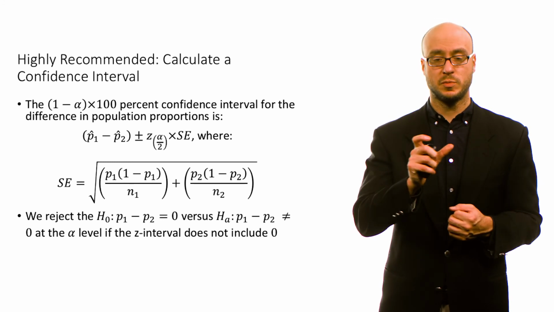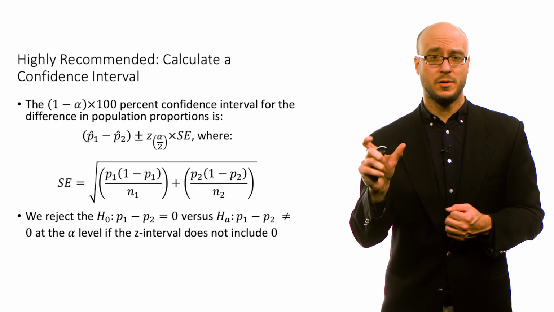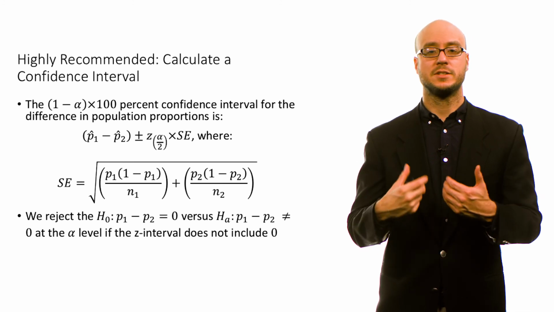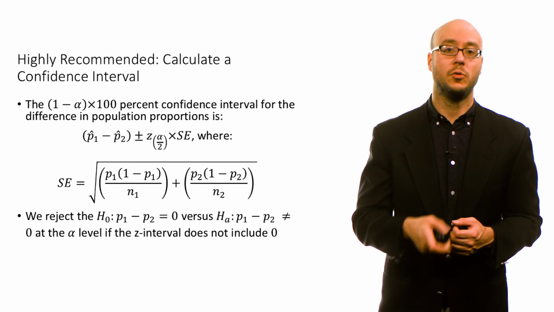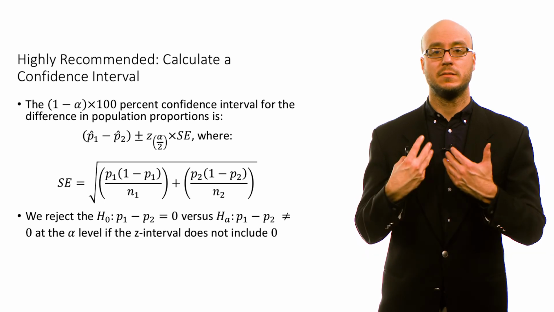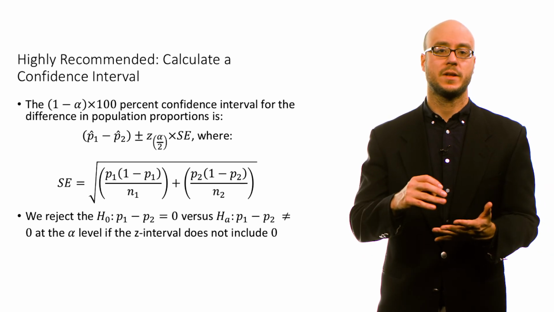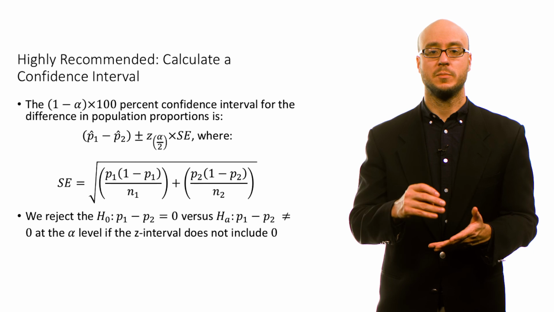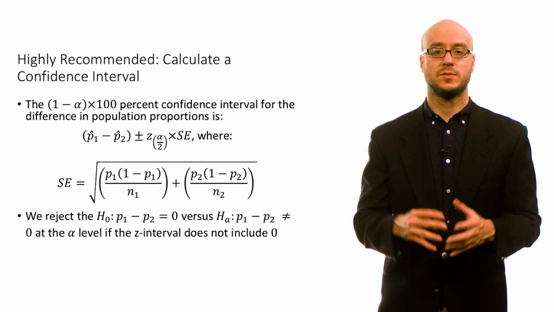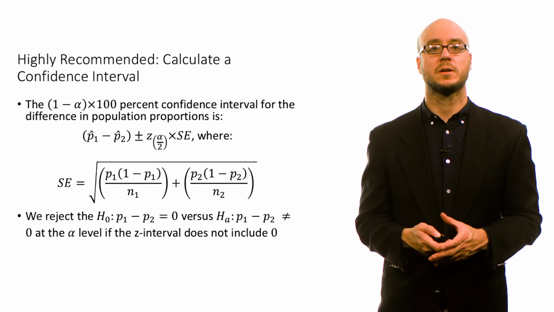So if that z-interval is centered away from 0, then that suggests we can reject that null hypothesis. So you can see that p-values, test statistics compared to a critical value, and the confidence interval, they all can lead to a similar kind of conclusion. So we're going to go through a few examples of going through the steps of hypothesis testing for a difference of proportions.